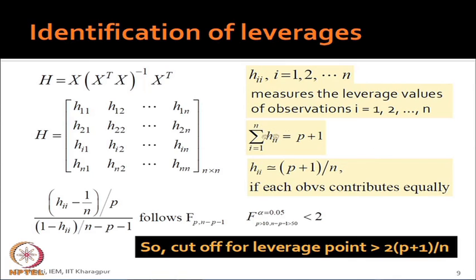What Hii measures, as I told you, are the leverage values, and the sum total of Hii is equal to the number of parameters. So, if all points are equally influencing, then what will happen? The Hii value will be equal for all the points, and that value will be (p plus 1) by n.